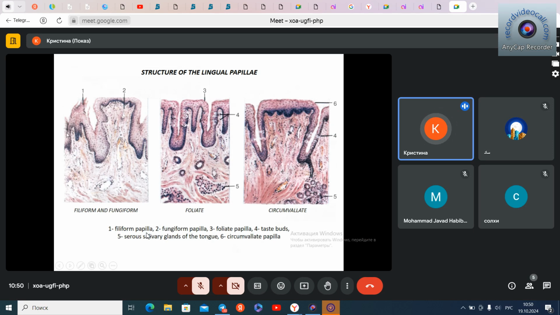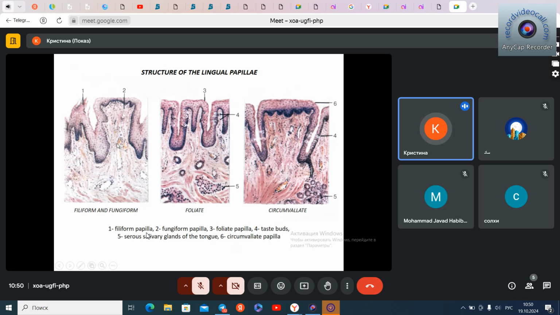In the first picture here, we see two types of papillae, filiform and fungiform. They both can be found on the dorsal surface of the tongue. So, as I said previously, every papilla is formed with the epithelium and lamina propria mucosa. They both form this evagination.